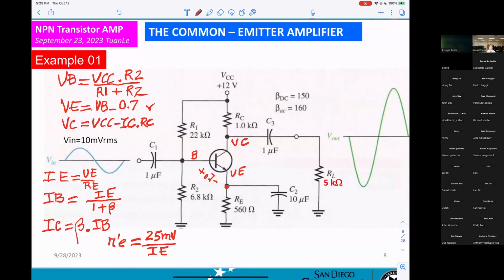So that's why they don't want you using IC equal IE minus IB. The thing is the IB is very small, so it's not really easy to do calculation. If you're using IC equal IE minus IB, IB, IC and IE look almost the same, because IB is too small.